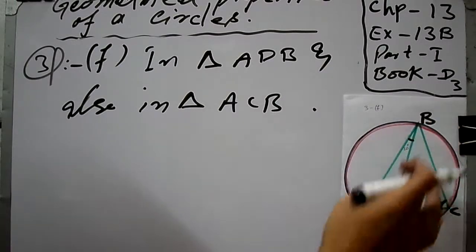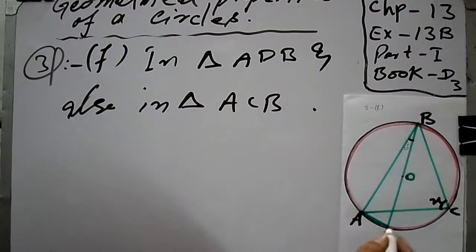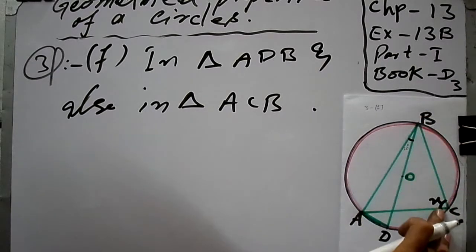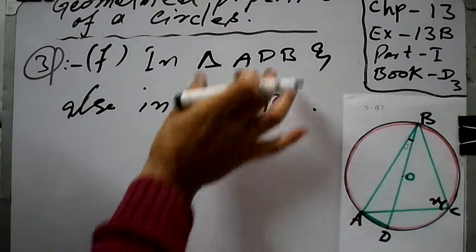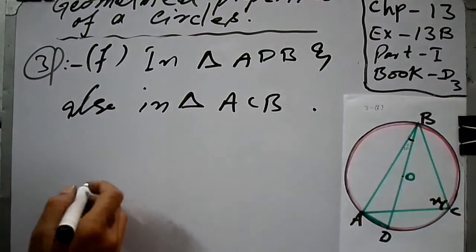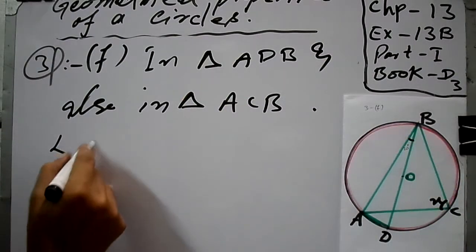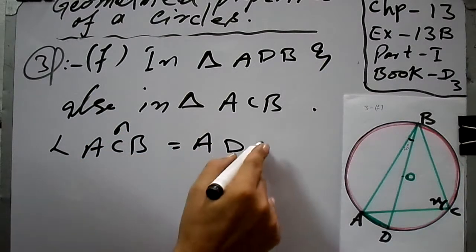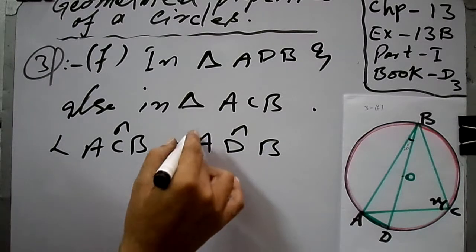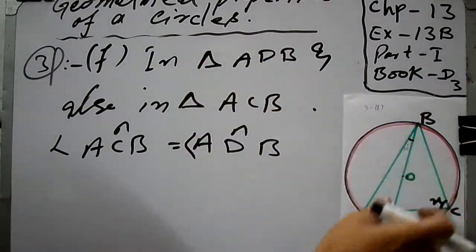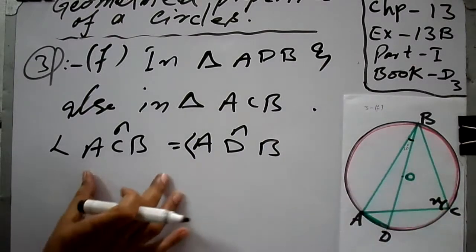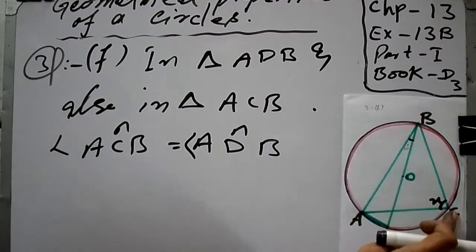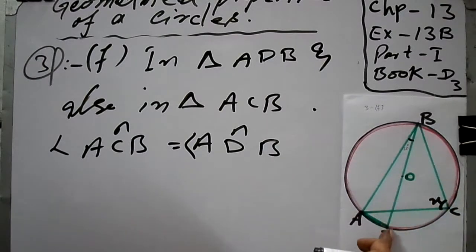In triangle ADB this angle is 20, and in ACB here is x. So in these two triangles these angles must be equal, that is, angle ACB must be equal to angle ADB. So we can say that in these two triangles these angles are congruent, because C and D are congruent.